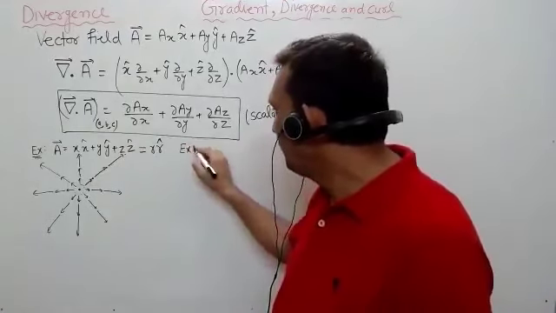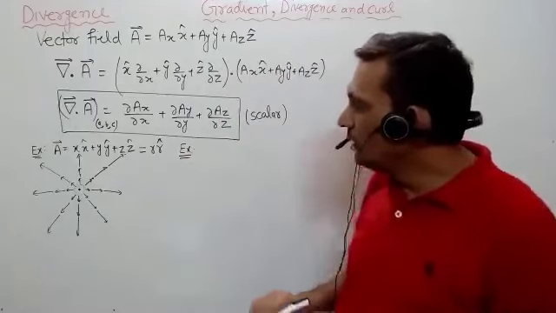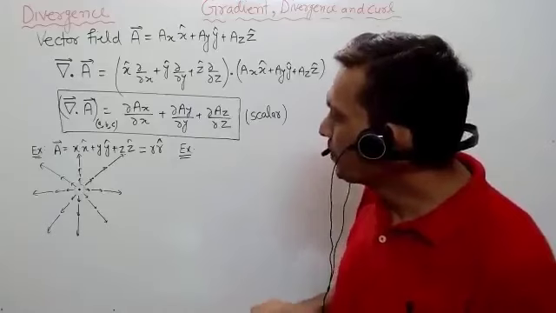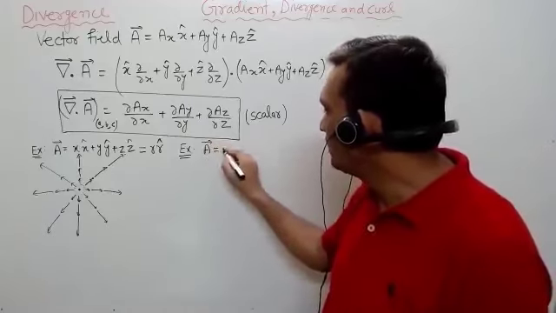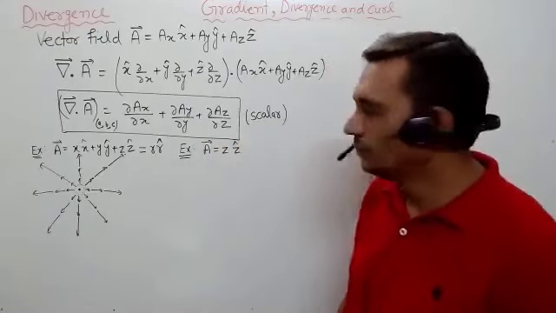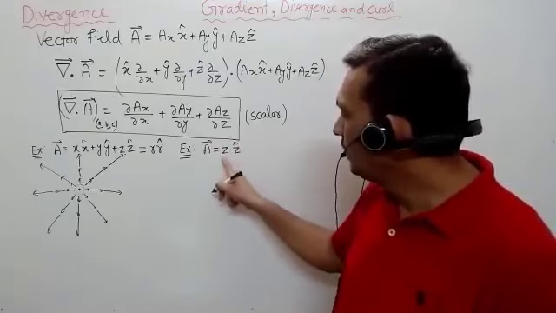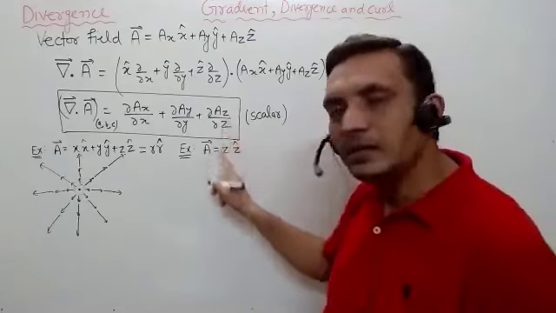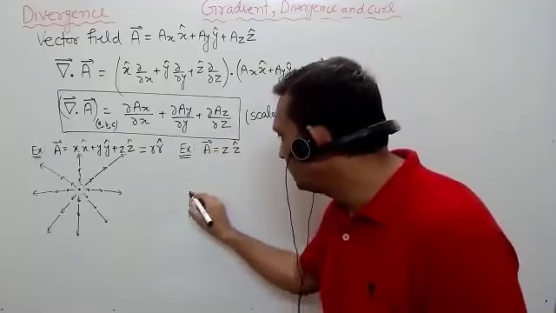Now we have the next case. In this case, take vector A as z cap. Another example. So now the direction is z cap, and in the z direction, the magnitude is increasing. Let us assume this direction is the z direction.